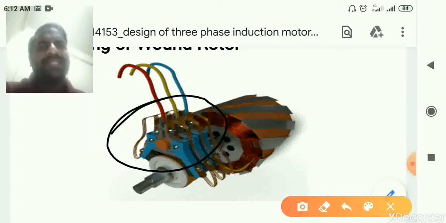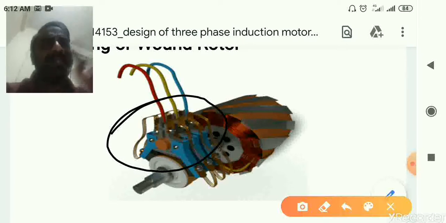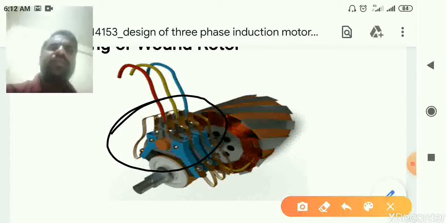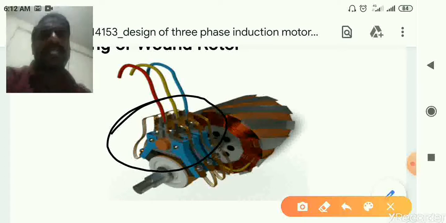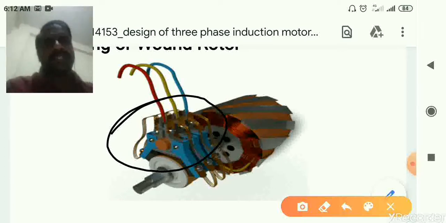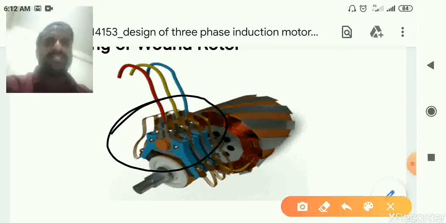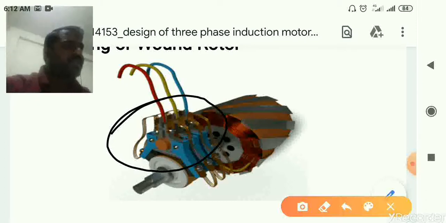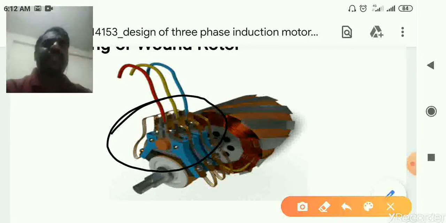Once the squirrel cage induction motor is manufactured, we cannot change its rotor resistance. So the squirrel cage induction motor has certain limitations for torque applications. But in the slip ring induction motor, we can very easily change the starting torque and the torque developed just by varying the external resistance. And therefore slip ring induction motors are usually used where the application requires high starting torque.